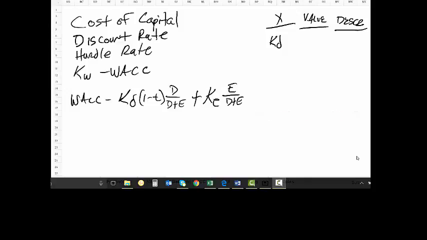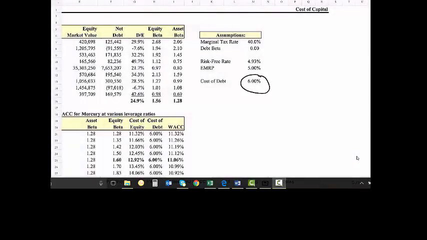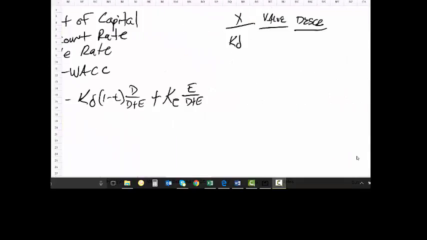Sometimes these variables are hidden. But if we take a look at that, we'll see that the cost of debt is 6%. So we've got a 6% value, and it's in a footnote in the case. Maybe just a note as to where you found it. And again, I'm not 100% sure, but I think it's on page 7.